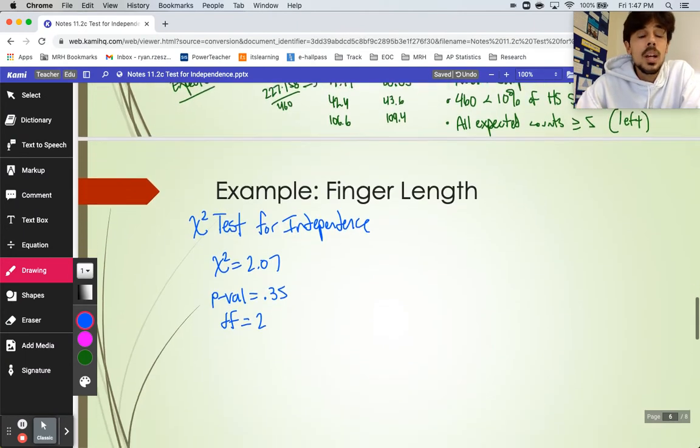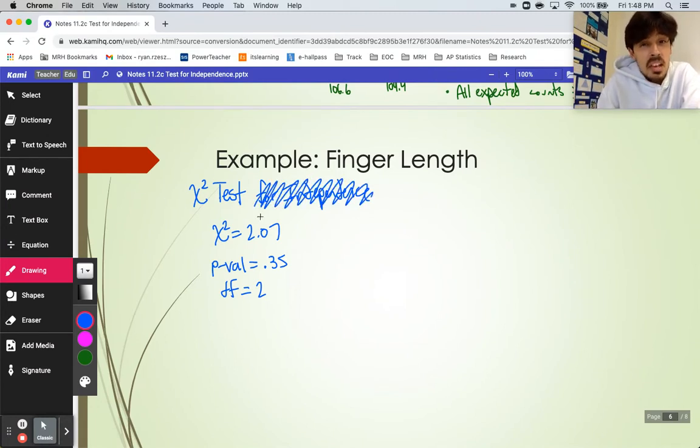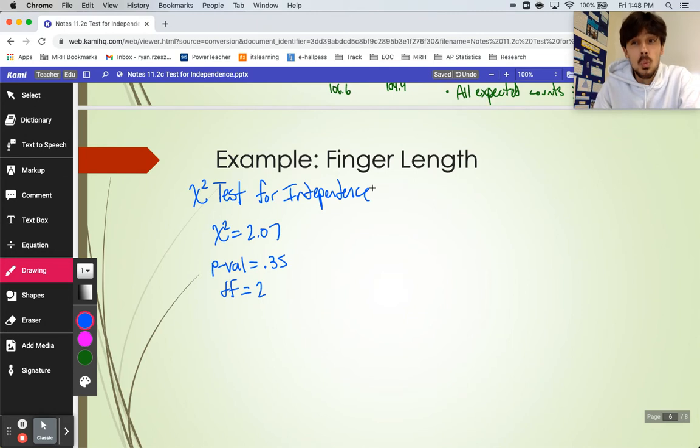Now, quick comment here. If you're having trouble distinguishing between the two types of problems, oh, is this independence? Is it homogeneity? Don't say it. Just say chi-square test. Chi-square test is vague and may cost you on a rubric possibly. But if you're like, I truly have no idea, I'd just be guessing, don't guess wrong. Just say chi-square test.